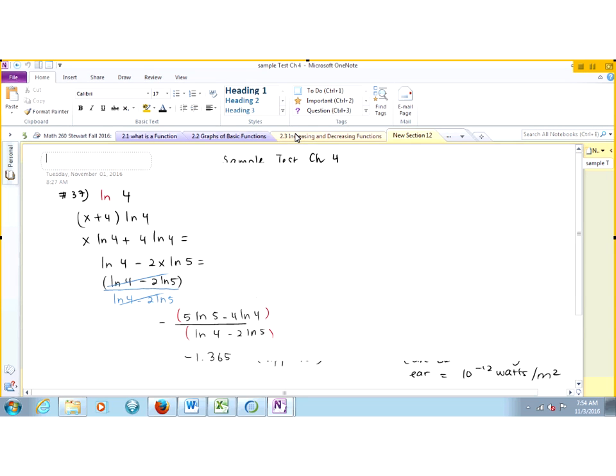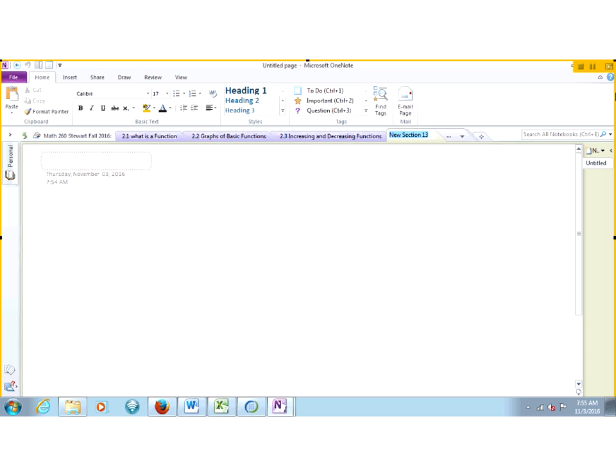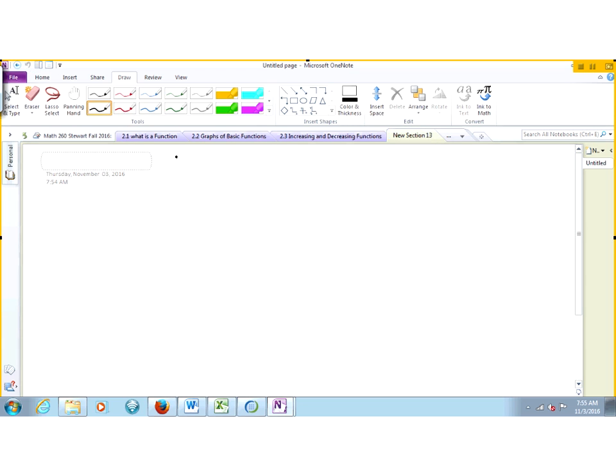Okay, the new section, 9.2, a system of linear equations in two variables. So, an example of the system is, for example, really quick.